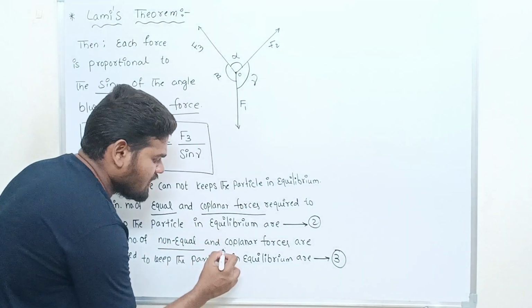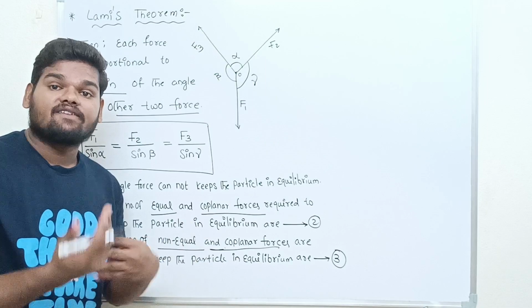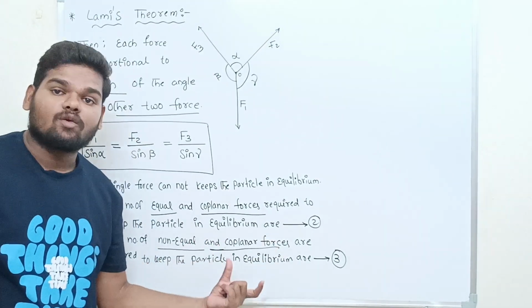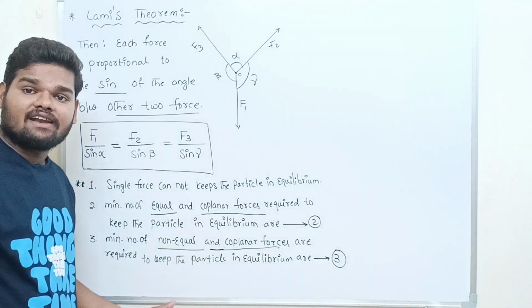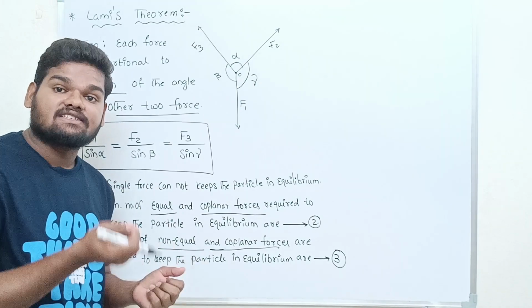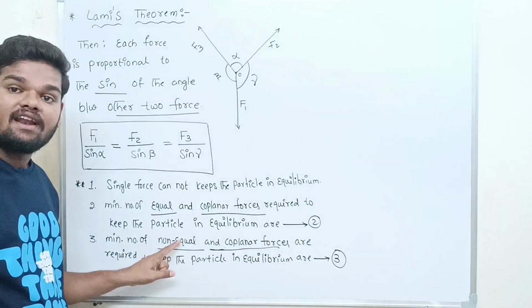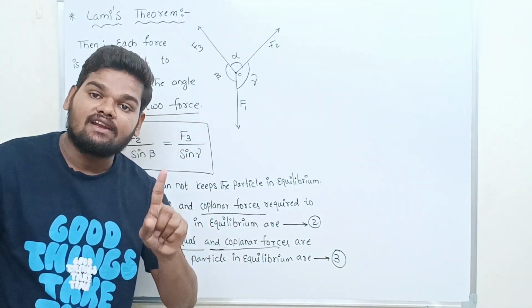Non-equal but coplanar. What is the meaning of coplanar? All the forces or vectors acting in the same plane are called coplanar. So the forces must act in the same plane, and although they are non-equal, 3 newtons, 4 newtons, 5 newtons, whatever it is, the minimum number of forces required to keep the particle in equilibrium is 3.